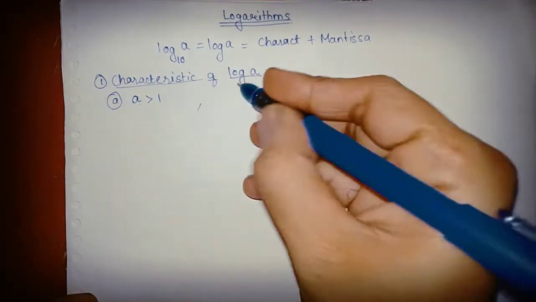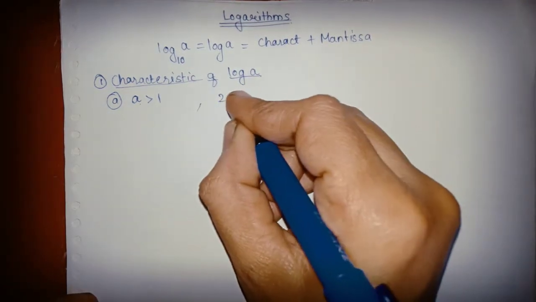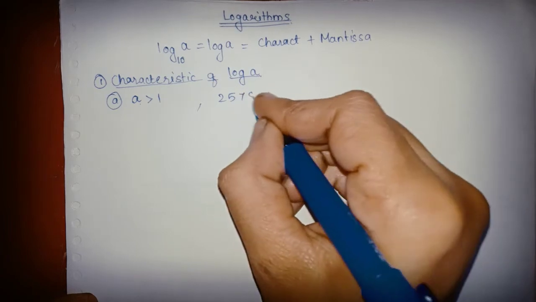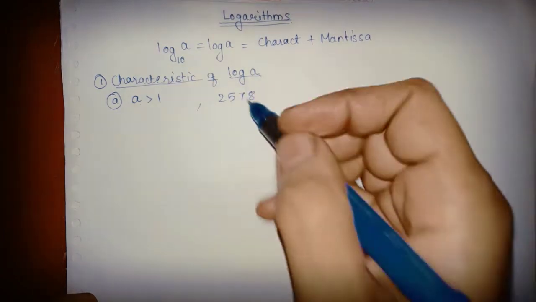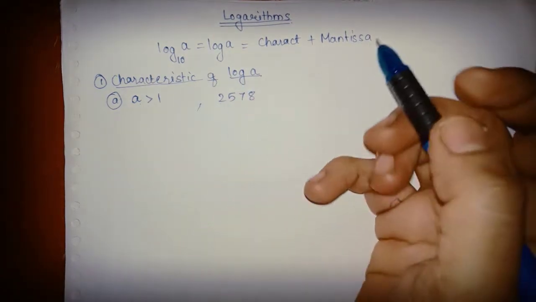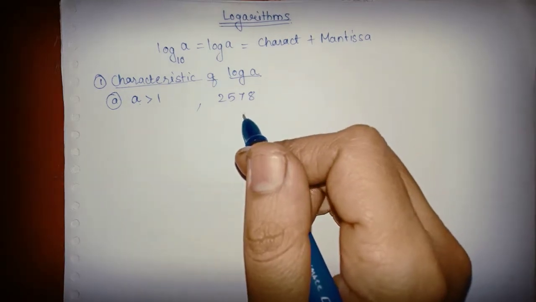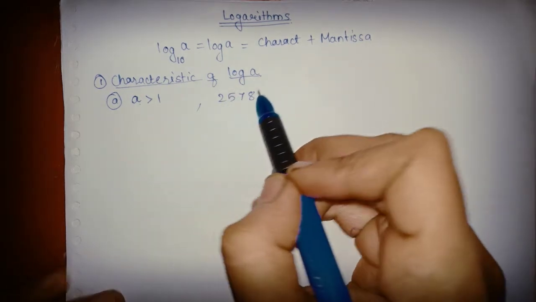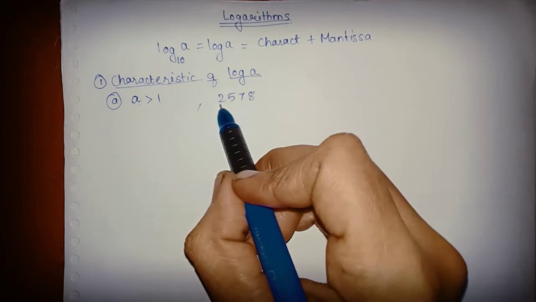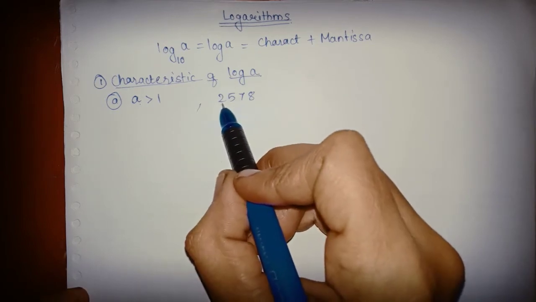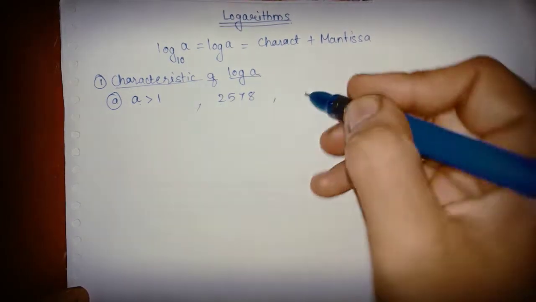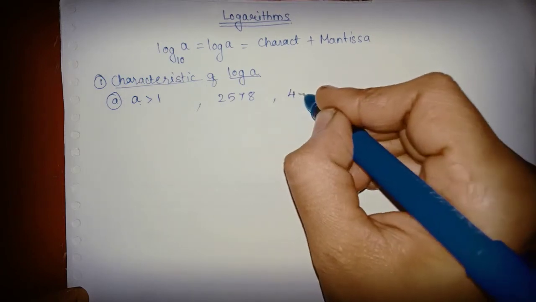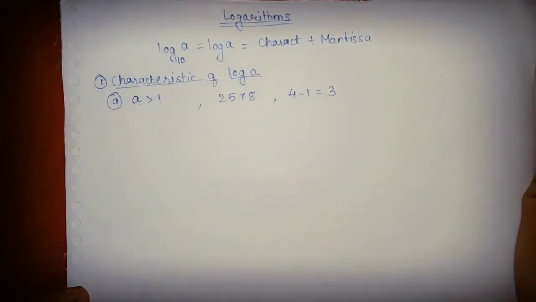For example, suppose the number is 2578. There are no decimal points here, so this whole thing becomes the integral part. You have to see how many digits there are. 4 are there, so your characteristic will be 4 minus 1, that is 3.